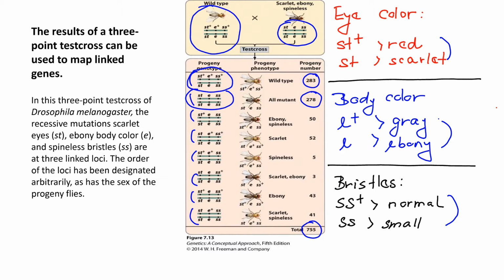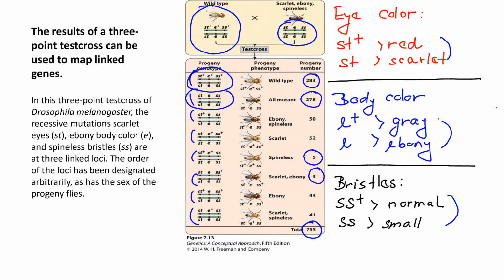In the second step, you identify the double crossover progeny, which is a result of double crossing over. And how do you define them? They are the two least numerous phenotypes. The least numerous phenotypes are this one, spineless and scarlet ebony.